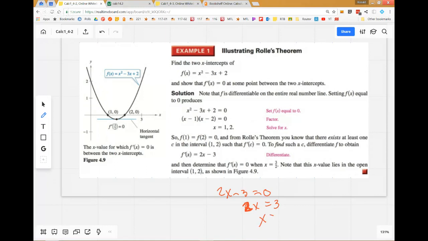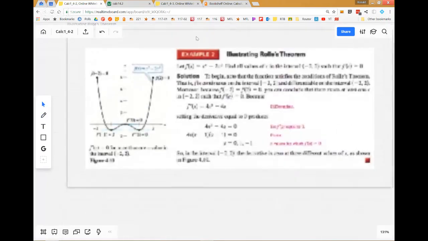So when x is 3/2, and sure enough, that's halfway between 1 and 2 right there. When x is between those two, it does have a horizontal tangent line at that point. So Rolle's theorem guarantees that if you've got two points of equal height and the function's continuous, it's got to have a horizontal tangent somewhere in between. And therefore, we ought to be able to find it.